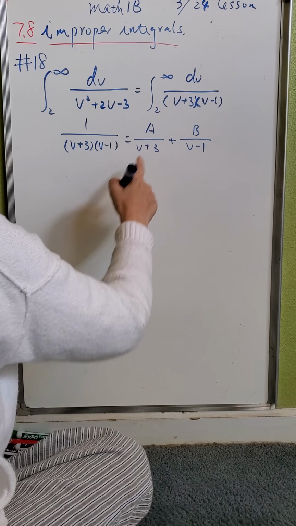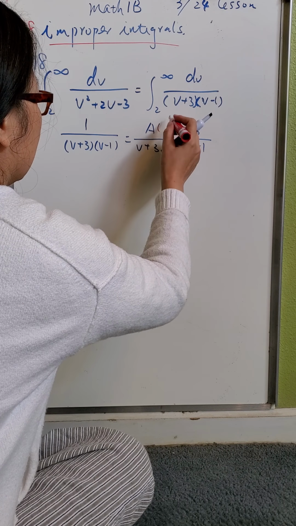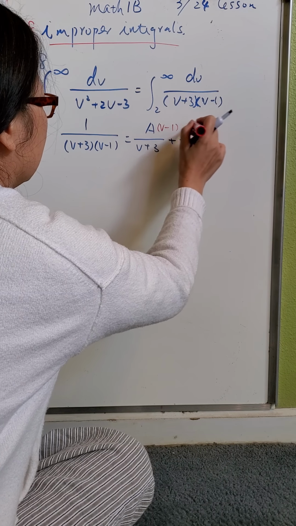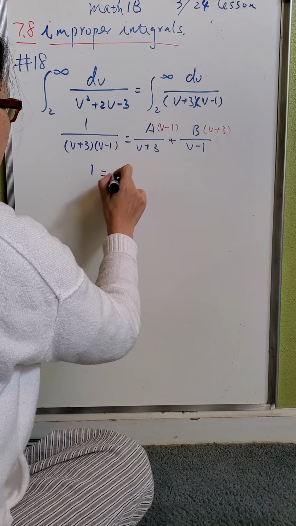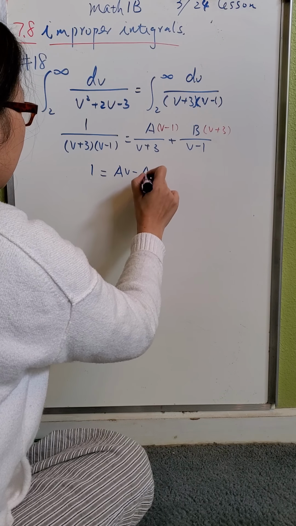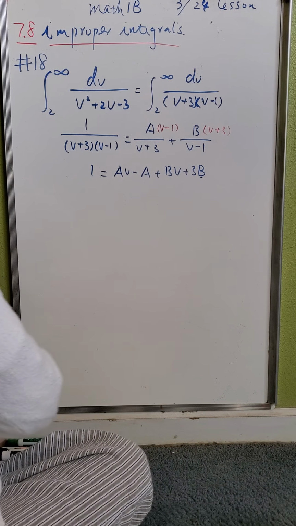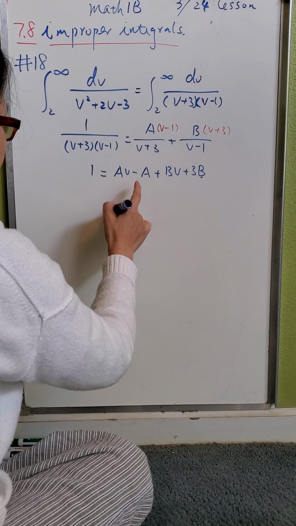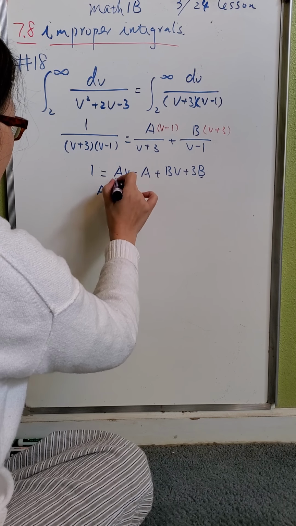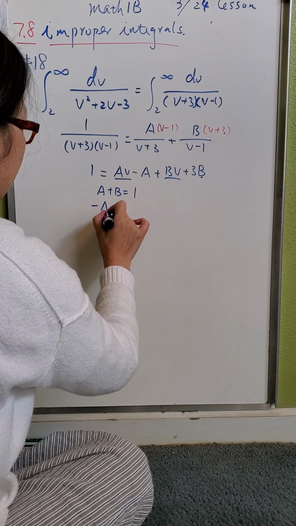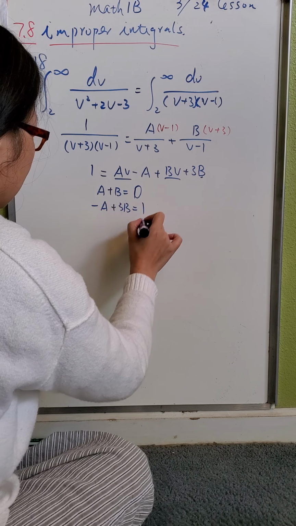So then the LCD will be v minus 1, v plus 3. So 1 is equal to Av minus A plus Bv plus 3B. To save time, I'll tell you the result when I solve this: A plus B equals 0, and negative A plus 3B is equal to 1.